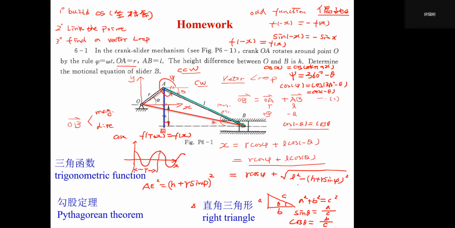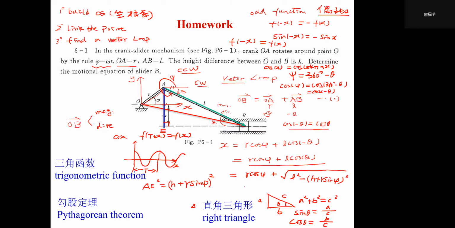Actually, this is the angle, because OA rotates around point O during this movement, so phi equals omega t. That means it has a constant angular velocity. So we can write again, using omega times t to replace phi.